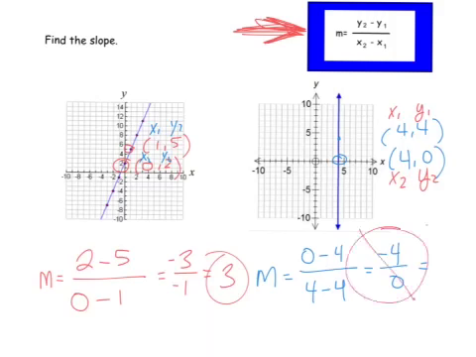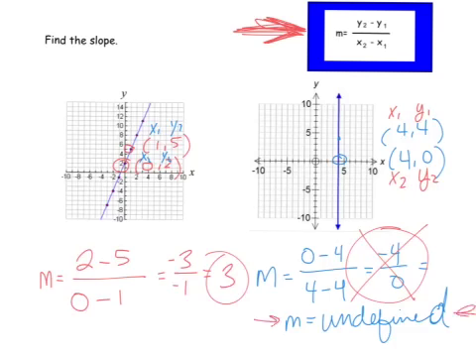You can never divide by 0. And so our slope, when we have vertical lines, is undefined. And it's always going to be undefined for a vertical line. No matter what that vertical line is, your slope will be undefined.